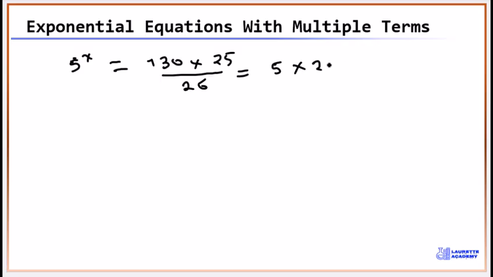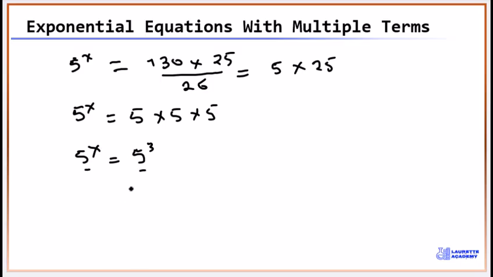So we'll have that 5 to the power x is equal to 5 times 25, which is 5 times 5 squared. And so we have that 5 to the power x equals 5 to the power 3. The bases are the same, so we equate the indices. And so we have x equal to 3.